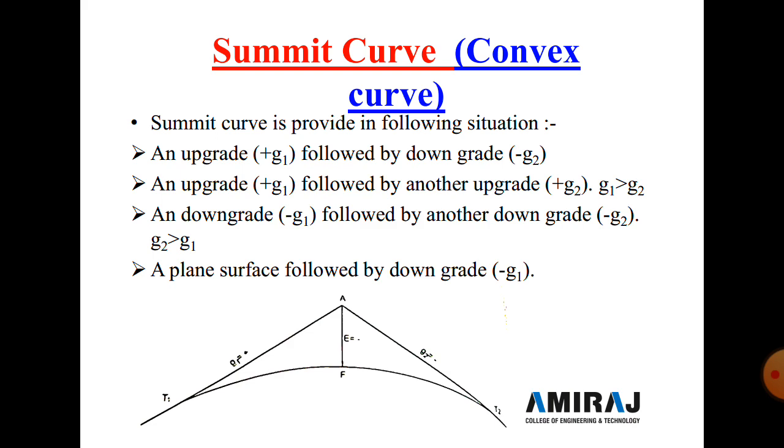A summit curve is provided in the following situations: an upgrade plus G1 followed by a downgrade G2; an upgrade G1 followed by another upgrade G2, where G1 is greater than G2; a downward grade minus G1 followed by another downward grade G2, where G2 is greater than G1; and a plane surface followed by a downward grade minus G1. Clear? So that's a summit curve.